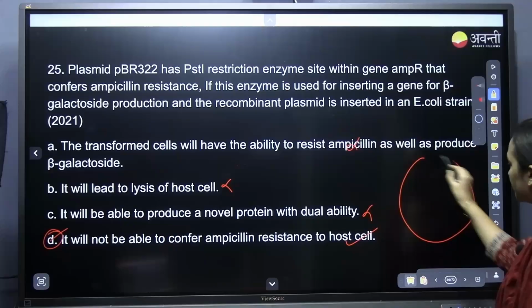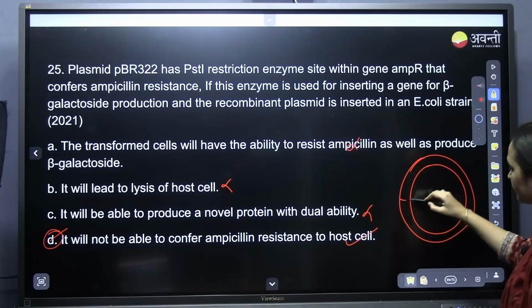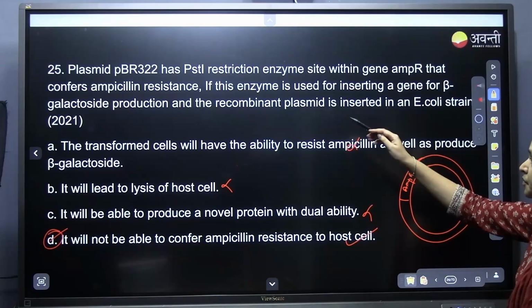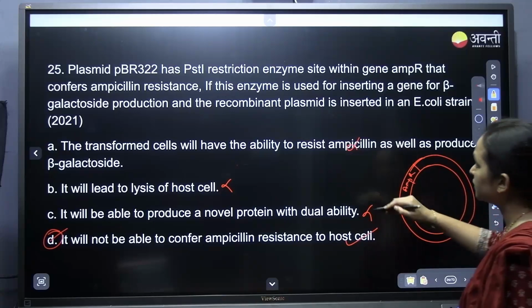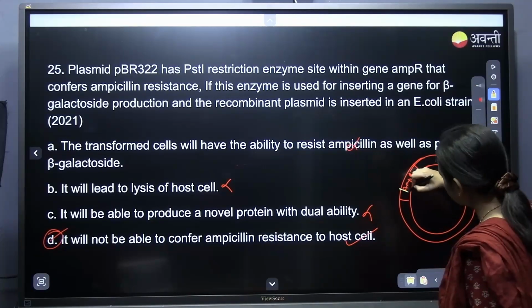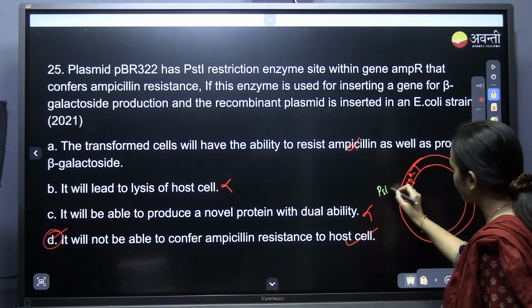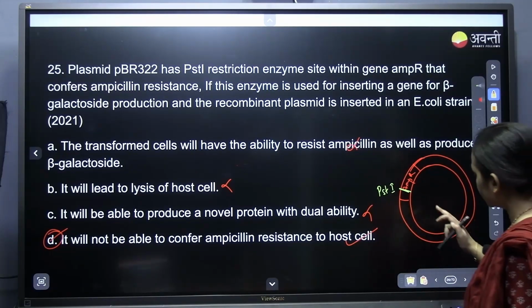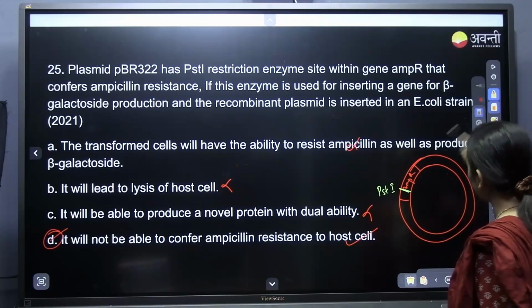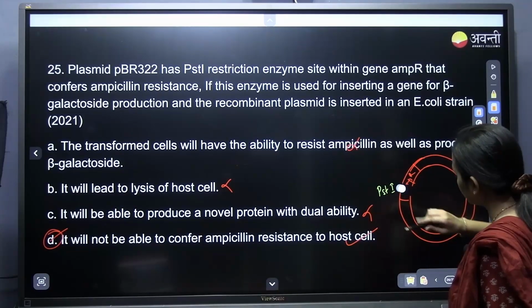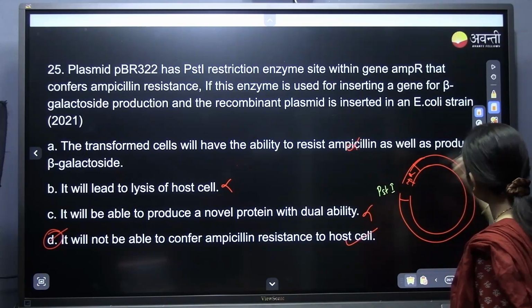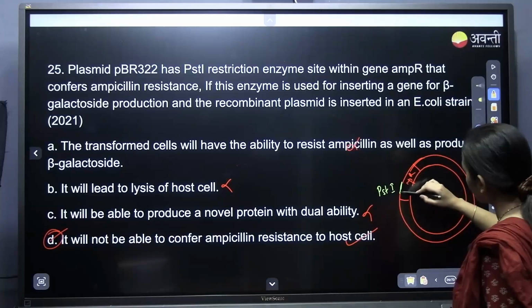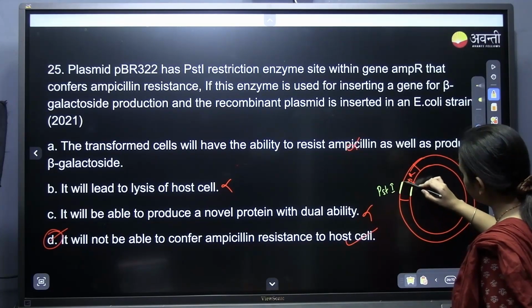For example, this is pBR322 and this is ampicillin resistance. So here PstI is there. If the enzyme is used to insert a gene of beta-gal, with restriction endonuclease we cut the DNA vector and insert a gene of interest here.